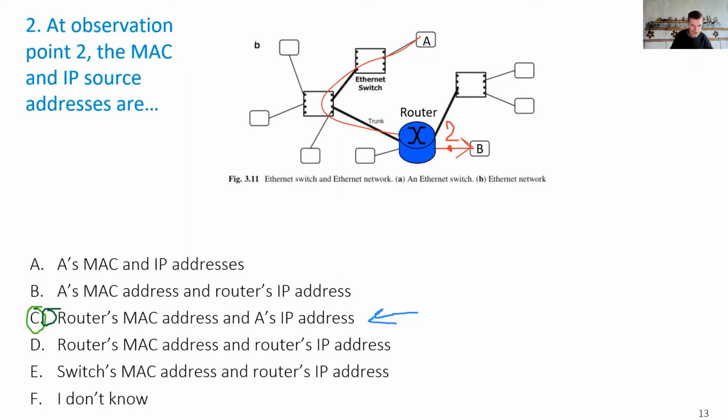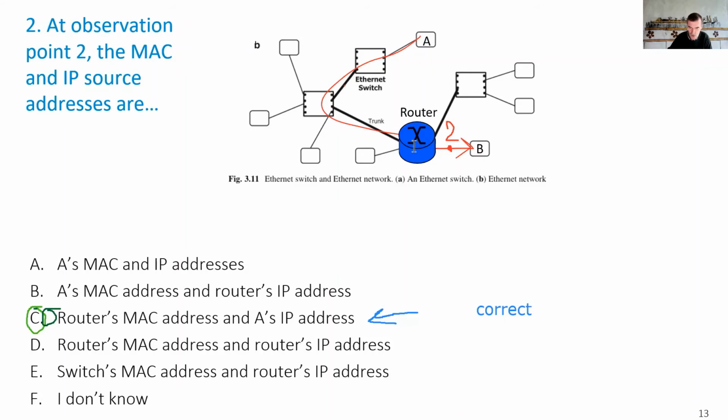Three out of 3 say the router's MAC address and A's IP address, which is correct. So this is how IP and the MAC layer interact. The principle of the IP layer is that the IP layer separates Ethernet domains.